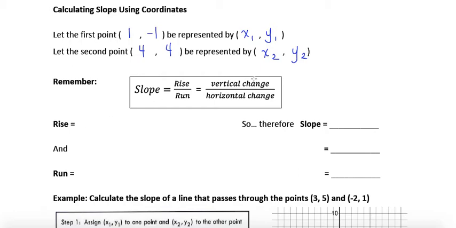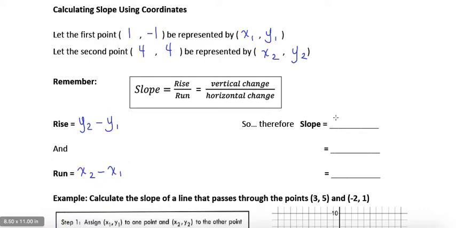And we do that by taking our y2 and subtracting our y1. So we're looking at the y coordinates and finding the difference between those 2 points. And when we're looking at the horizontal change between the 2 points, we're going to look at our x coordinates, and we're going to take x2 and take away x1.